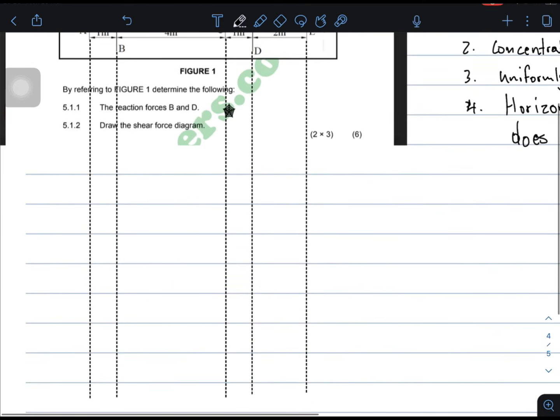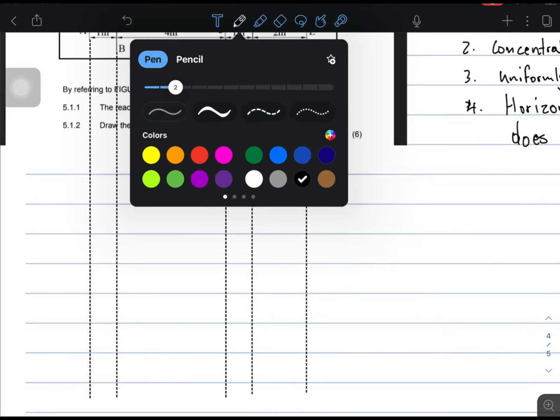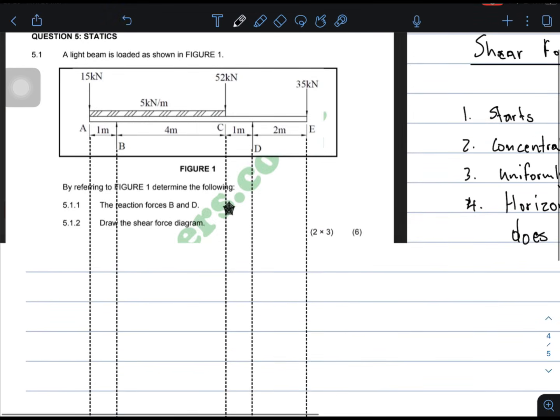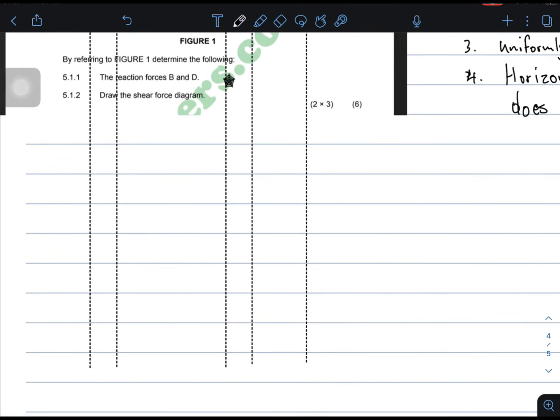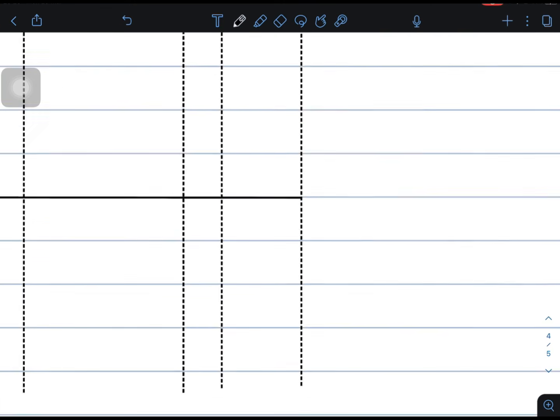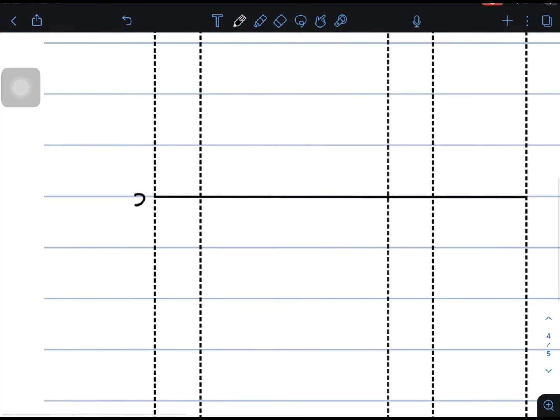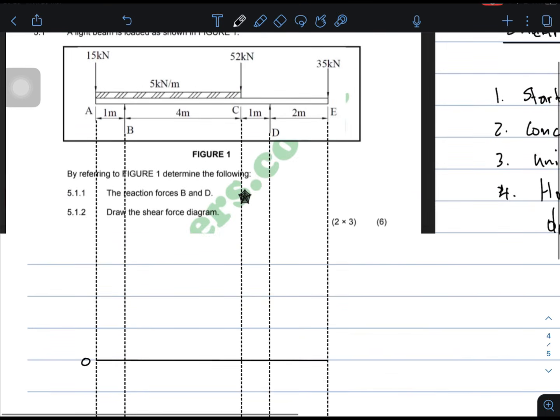After drawing the dotted lines, being guided by your beam diagram, you're going to draw a horizontal line, and that horizontal line represents 0. Let me just highlight this, guys: a shear force diagram doesn't have arrows. Please, I don't want to see arrows.